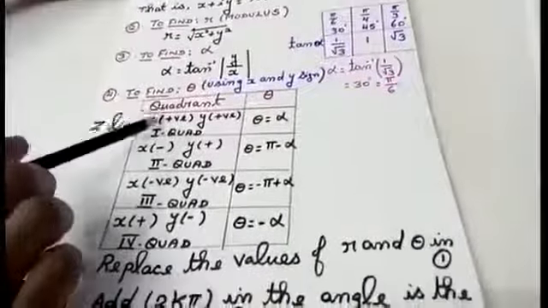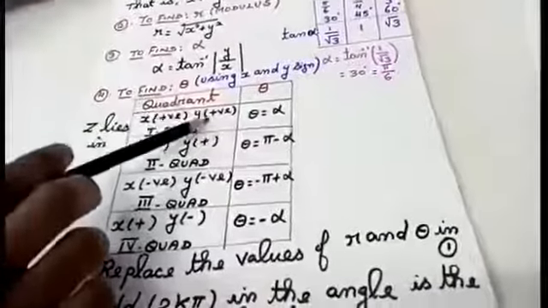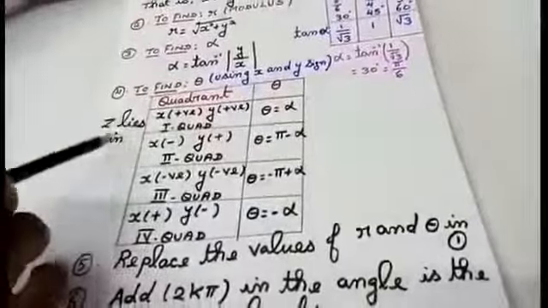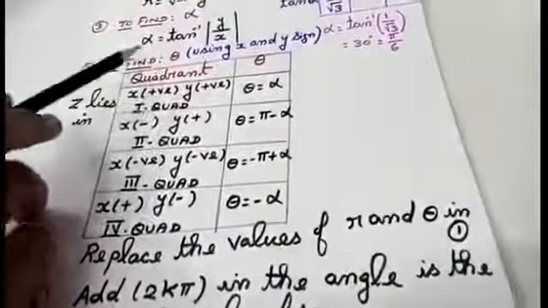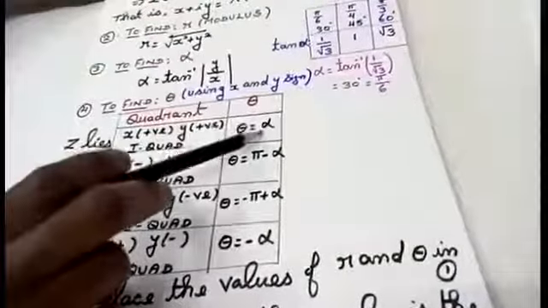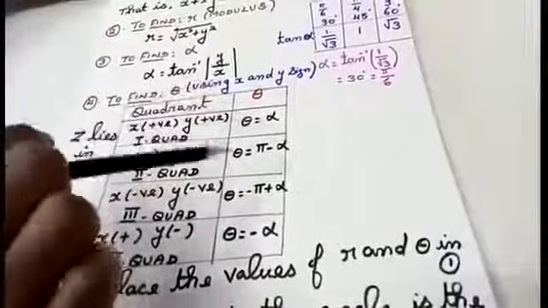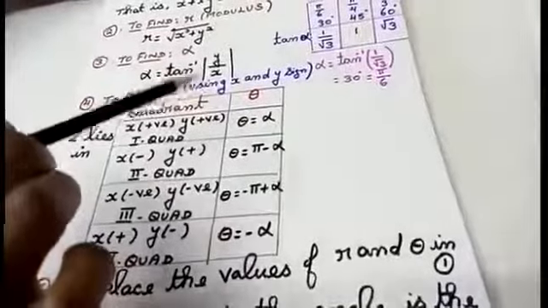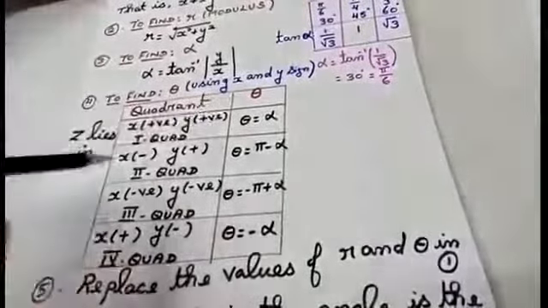Suppose if x and y both the signs are positive, I can say z lies in the first quadrant. Then theta equal to alpha. Just keep this in your mind, students. You are going to memorize this concept, so it will be easy for you to do the calculation.